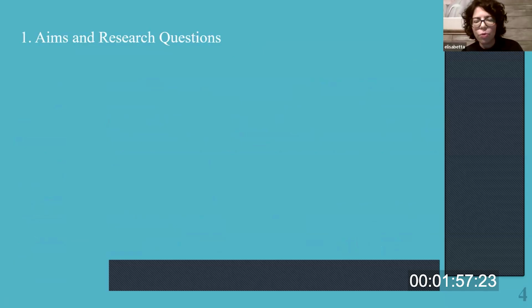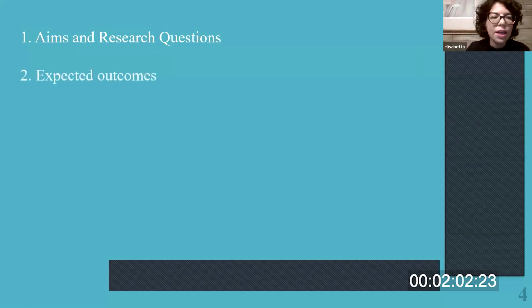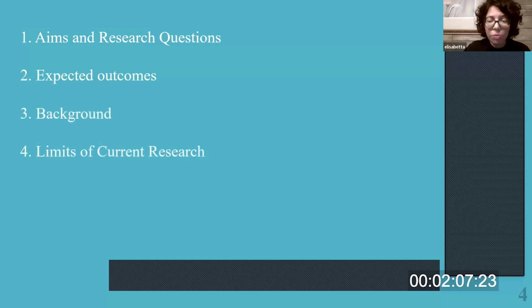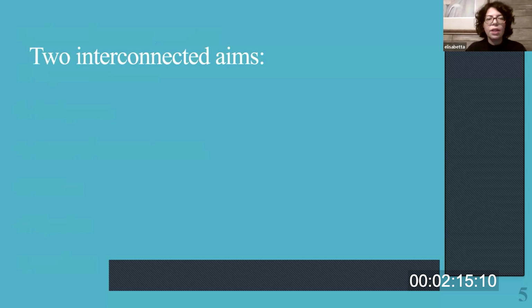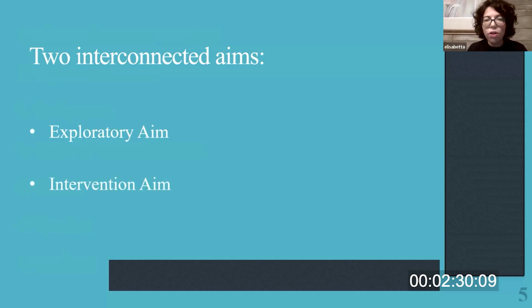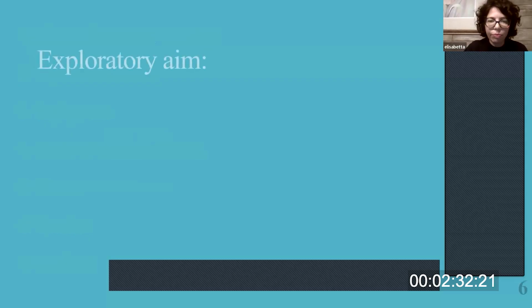So what I want to do today is to show you my aims and research question, the expected outcomes, the background, and also the limits of current research, the method, the timeline and the feedback. So this research project indeed has two interconnected aims. The first one is an exploratory aim that I've already introduced in the first part, talking about the problem, and also an intervention aim.